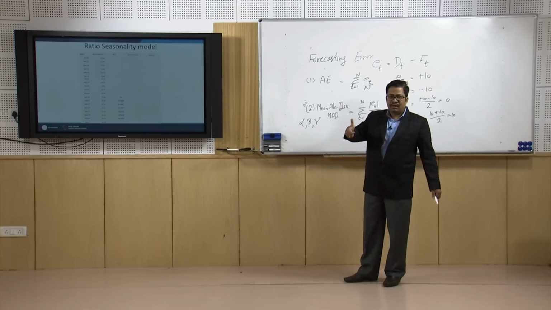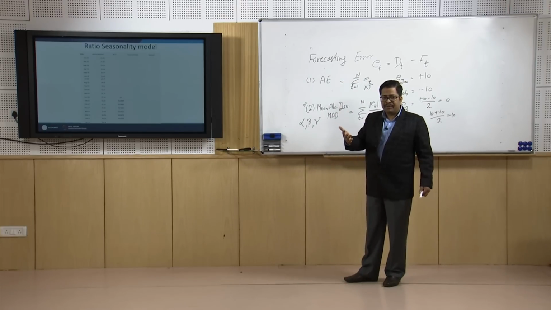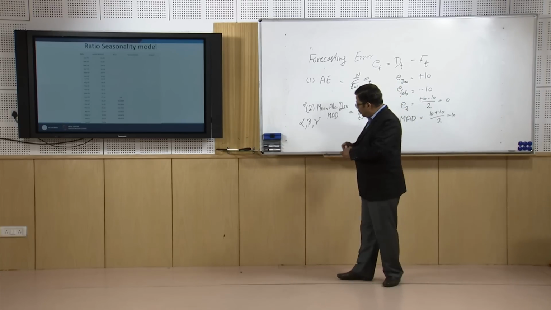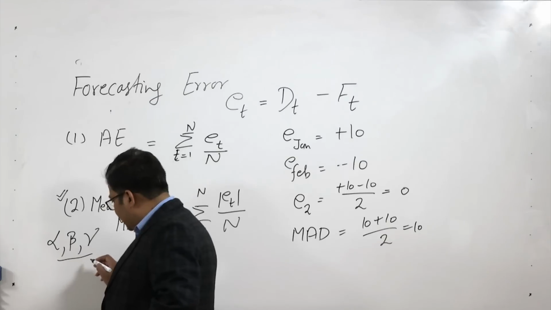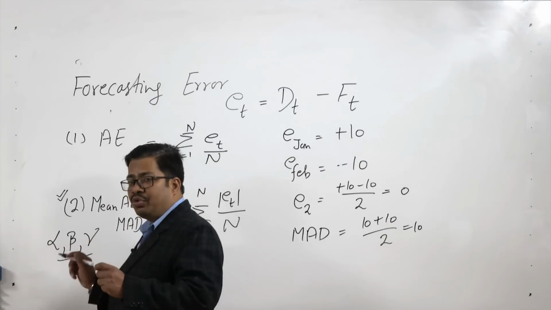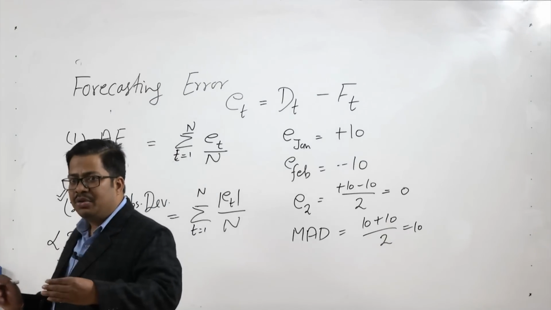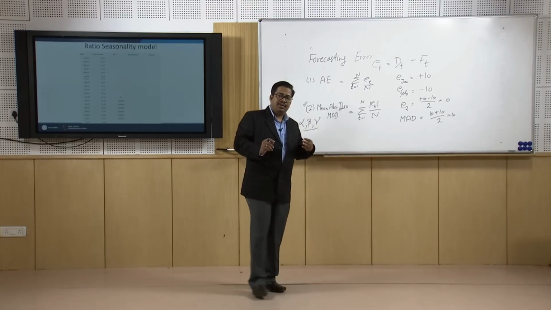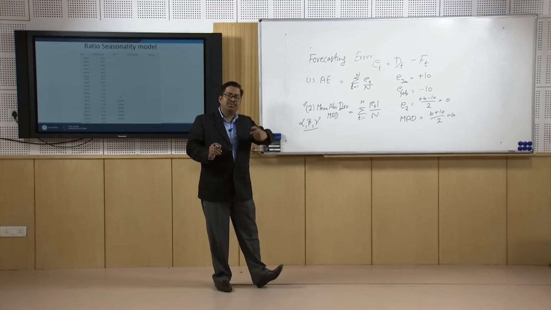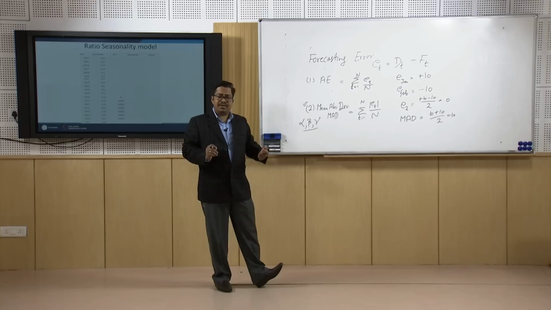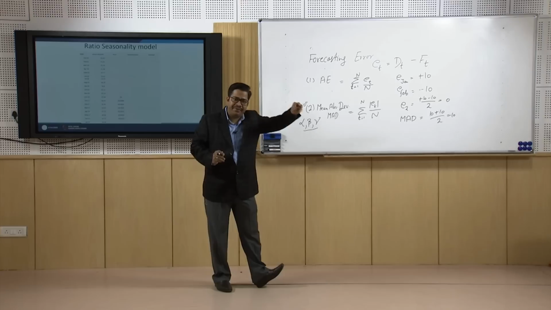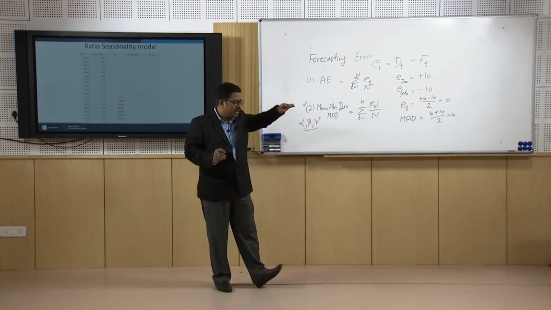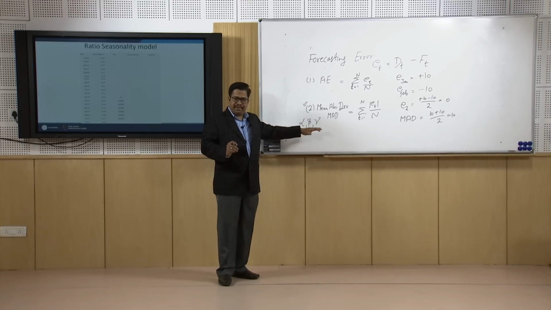The thumb rule we have already discussed in our earlier class, that the values of alpha, beta, gamma vary from 0 to 1. The smaller values of alpha, beta, gamma have more smoothing effect, but in case there is a quantum jump and we want to have a different base or a different level of trend or a different level of seasonality, then you take higher values of alpha, beta, gamma.